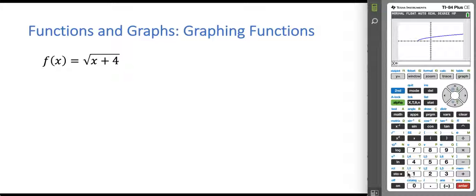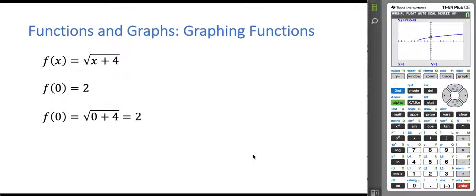So for example, if I want to find the value of the function at 0, I'll plug 0 in and press enter, and you see that the function value is equal to 2. So we can see that we got from the calculator that f of 0 is equal to 2.